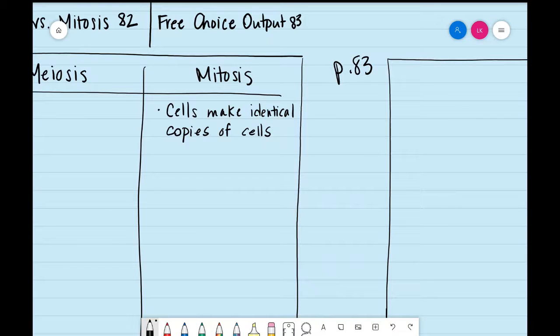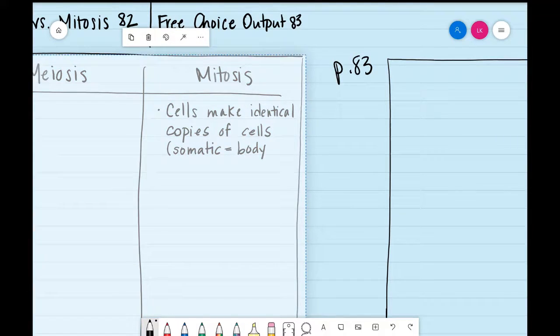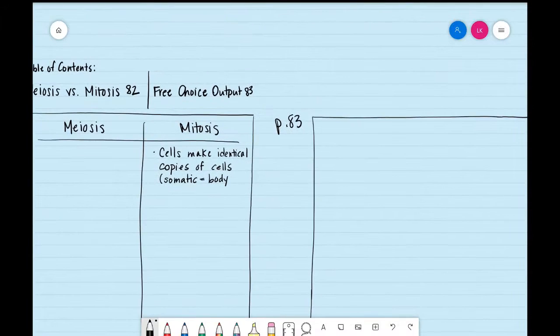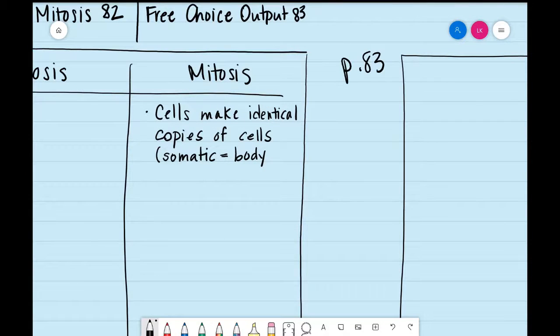And specifically, in this case, we've been talking about somatic cells, which is a fancy word for our body cells and skin cells, things like that. So that should be nothing new.